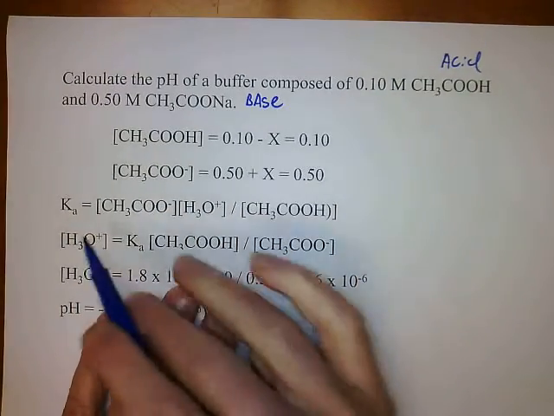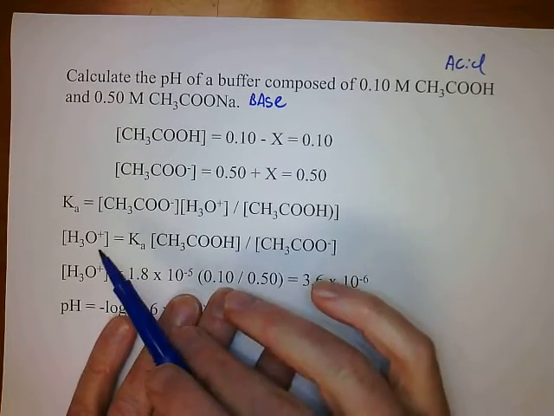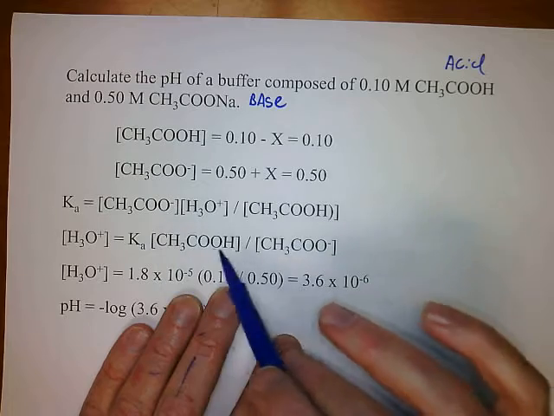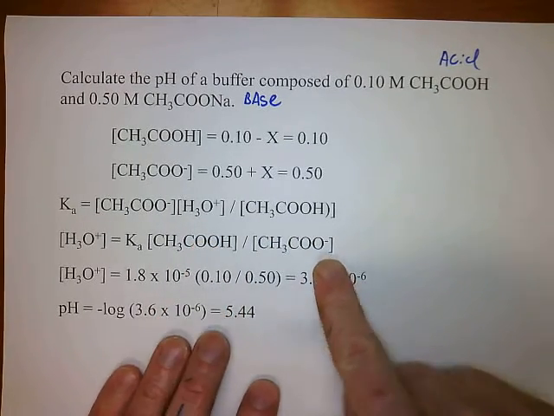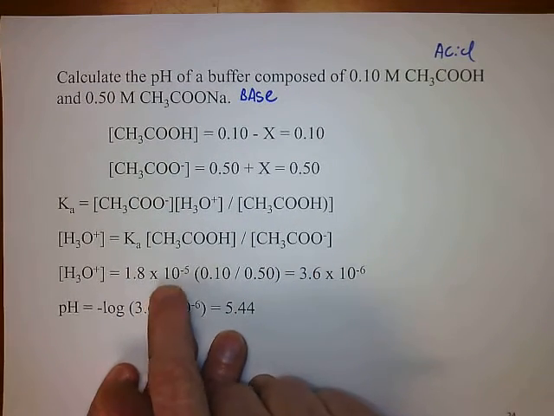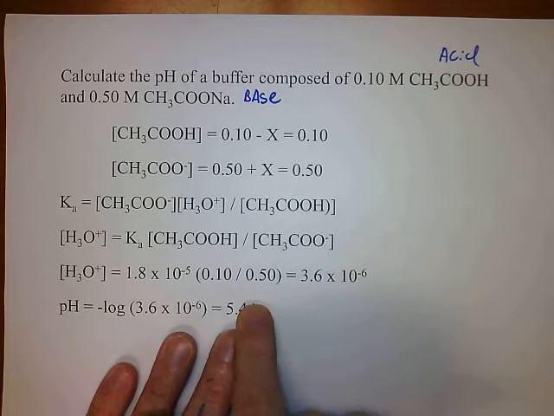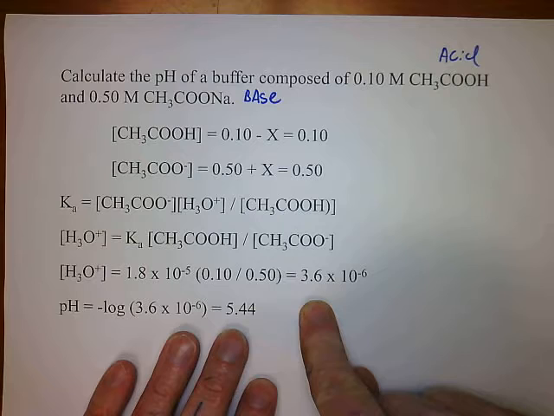So in other words, we solve it the same way we did before. The concentration of hydronium is Ka times the ratio of the acid form over the base form, or 1.8 times 10 to the minus fifth times 0.1 divided by 0.5 comes out to be 3.6 times 10 to the minus sixth.